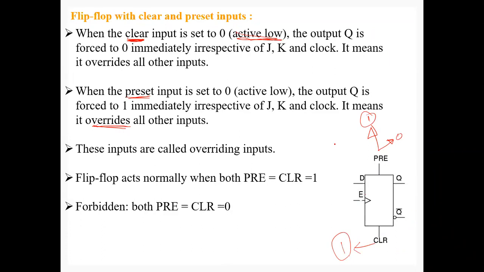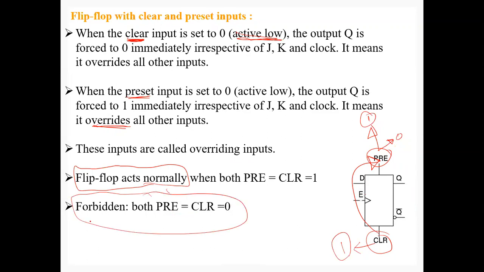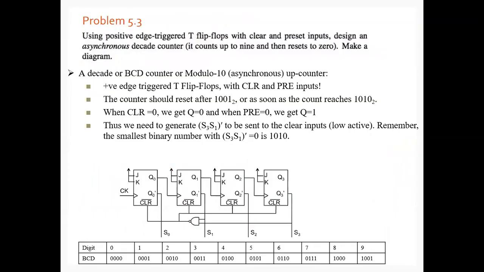Meaning your flip-flop works normally. How about both of them are 0? When I said 0 before, I said either or. Either this is 0 or this is 0. Now what I'm saying is both of them are 0 at the same time. That doesn't happen, okay? That's forbidden. If you do that, you don't get anything. That's illegal.